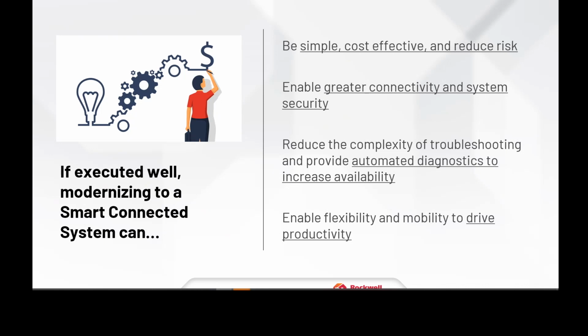You see some of the automatic diagnostics, and through the software tools we have, we can make your automated system and production line smart and easy to troubleshoot with automated diagnostics.